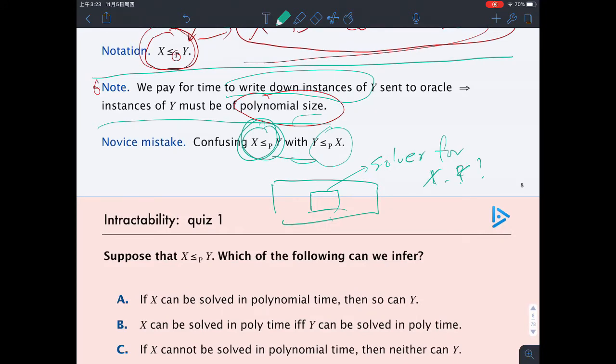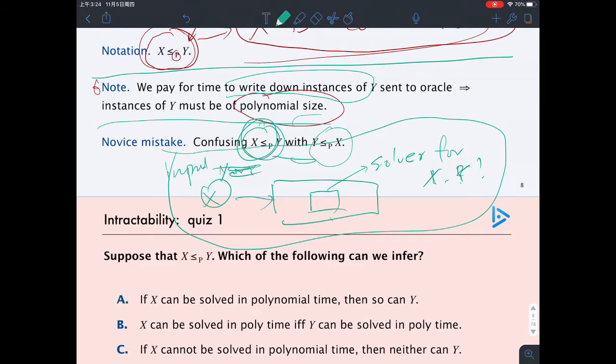This is the solver that is given, and what is the input? Input is x or y? It turns out that the true answer here is that the input is x and the solver should be for y, right?